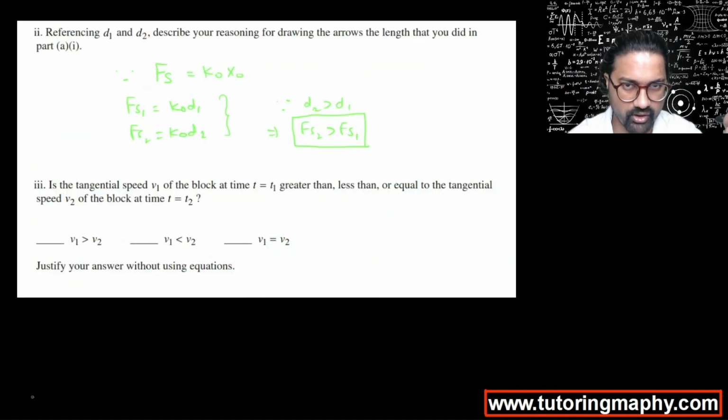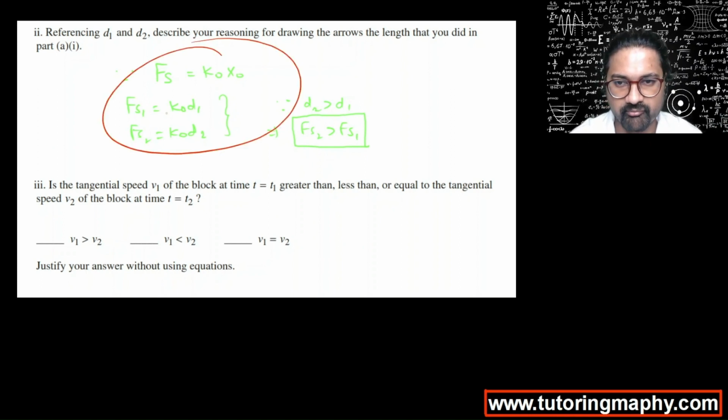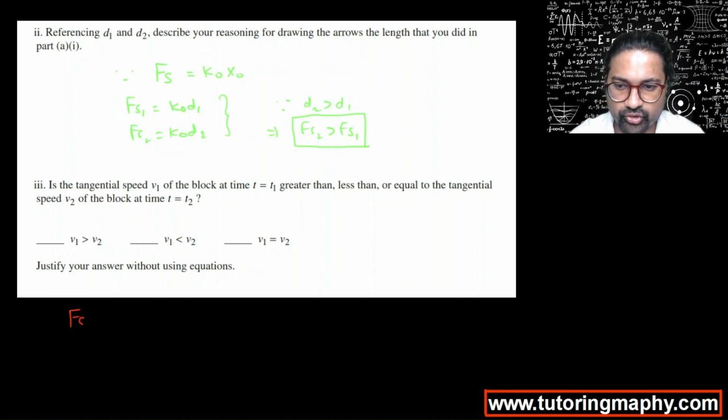We know from the above part that Fs2 is greater than Fs1. If the force is more, and we know that force is proportional to acceleration because the mass is constant, can we say that the acceleration in S2 is greater than acceleration in S1?